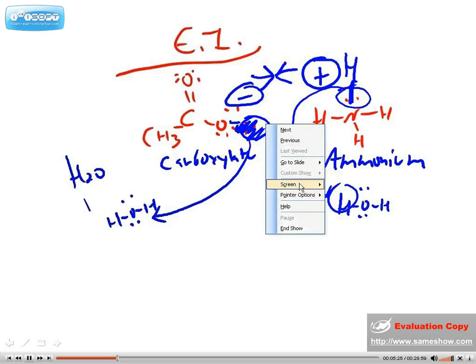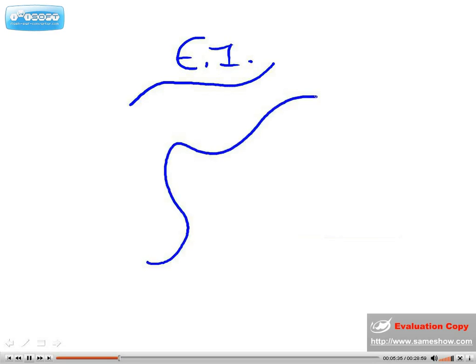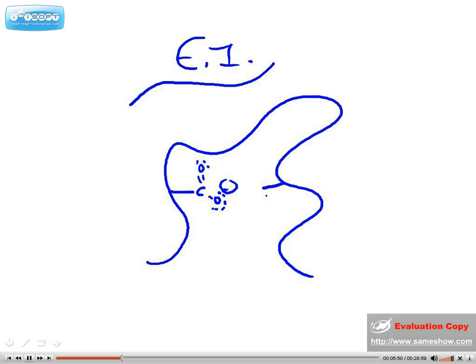So, in this case, for electrostatic interactions, when it comes to a protein, you have your side chain intermolecular forces, and it's assumed that the protein is in water. So therefore, we have a negatively charged carboxylate side chain, and we have a positively charged ammonium from an amine side chain.